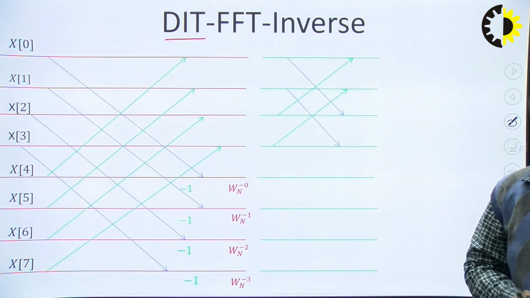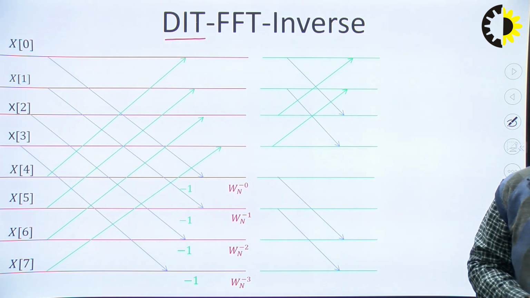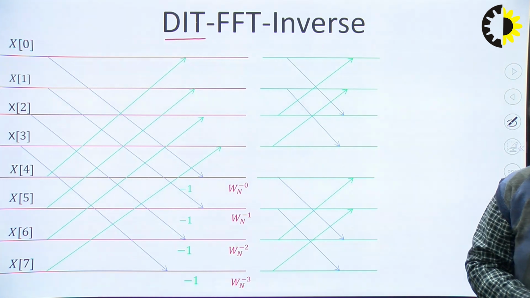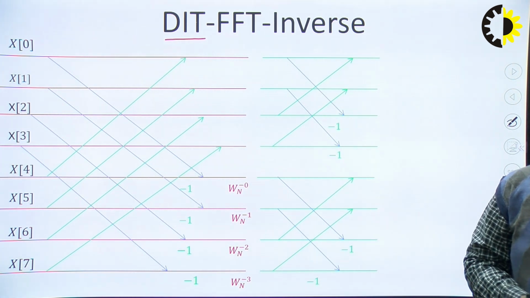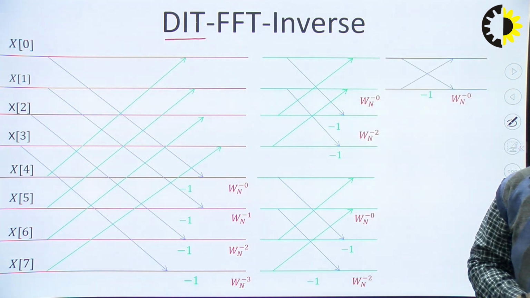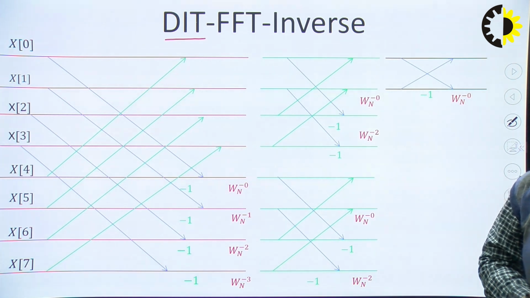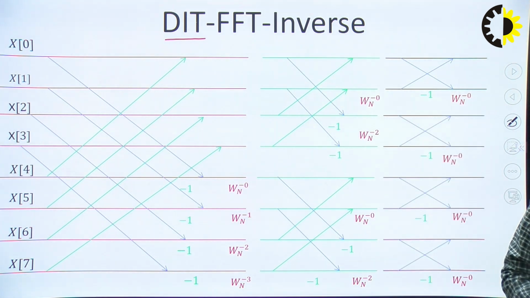Similarly, the inverse structure will be there, and the 5th will be connected to 7th, and 6th will be connected to 8th line. The reverse also exists. Negative signs will be on the last 2 of both, and twiddle factors will be after and of negative powers, correct. So now the last stage will be the single structures, and W8 raised to the power minus 0 will be there.